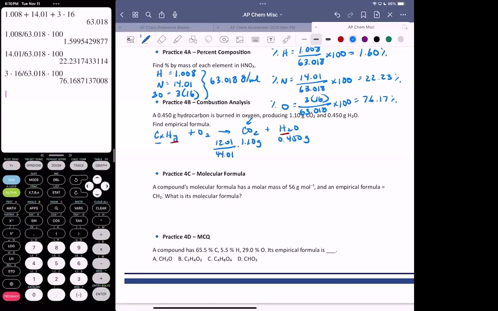So carbon dioxide has a molar mass of 44.01 and carbon is 12.01. 12.01 divided by 44.01 tells me that the carbon dioxide is 27.3% carbon. I'm going to multiply that by 1.10, and that tells me that I have 0.300 grams carbon.